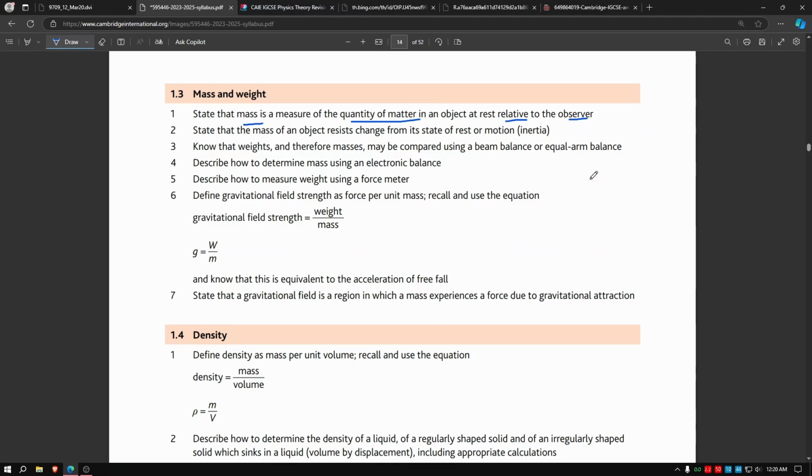Let's just say you have a box made out of wood, and the wood is made out of different chemicals, and if you zoom in and in, you get to the atomic level. So these are your particles, and mass basically means the amount of particles, or the amount of actual matter, you have in your box. This is the measure of the mass.